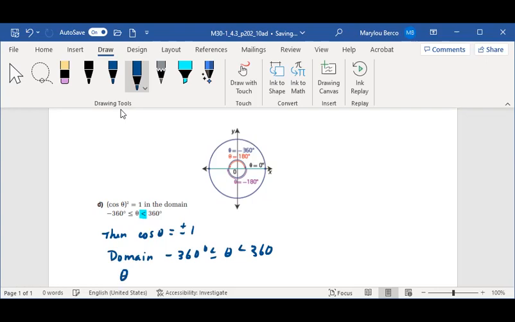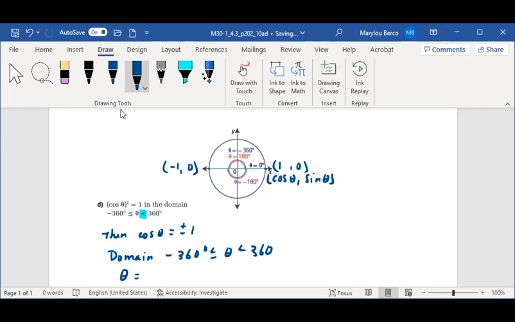Theta will be equal to, now remember that in each of these points, it is cosine theta, sine theta. So here we have 1 and 0, and here I would have negative 1 and 0.